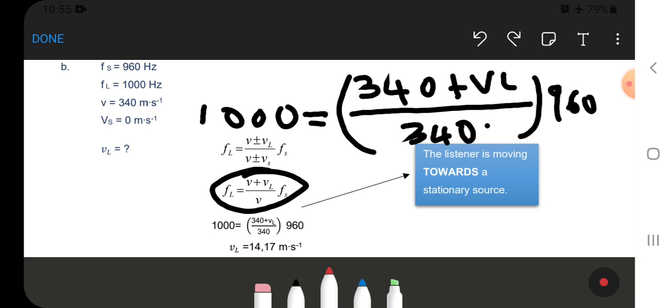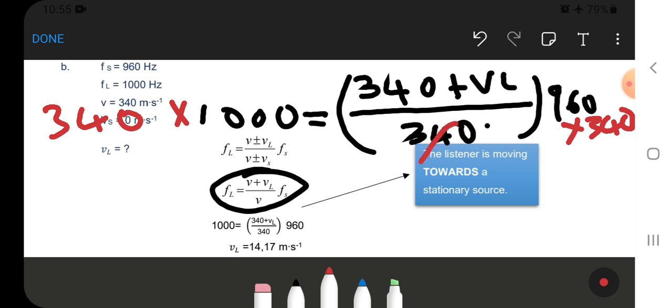So we multiply this whole thing by 340 because it's one term. This 340 and this 340 will cancel each other out. And then we will have 340 multiplied by 1000.